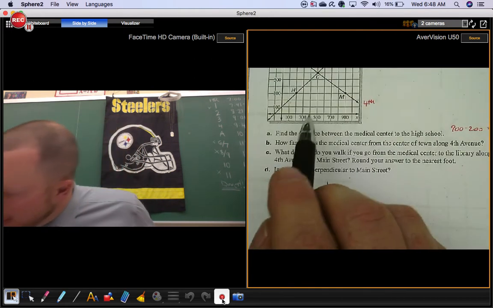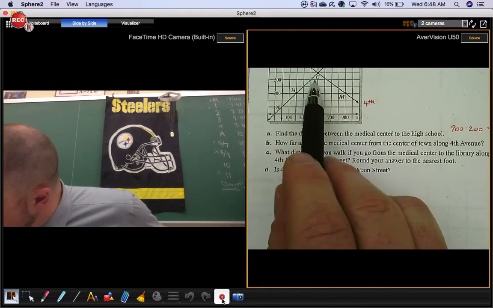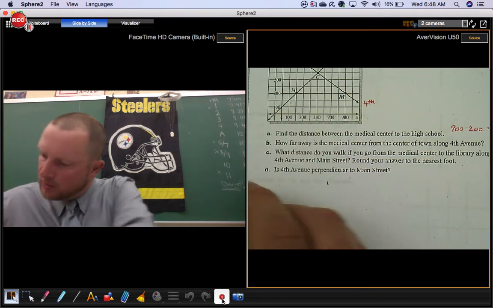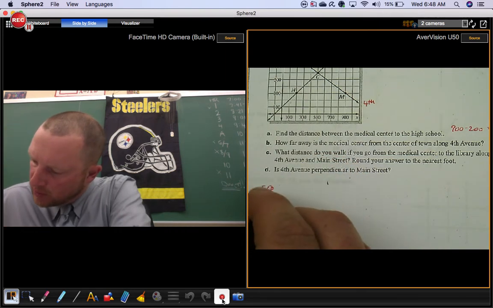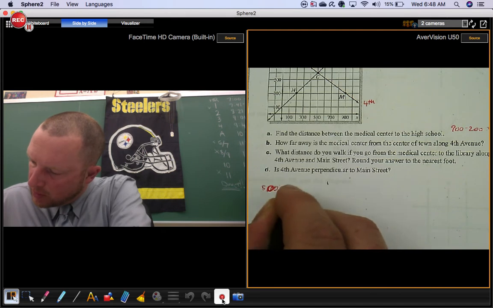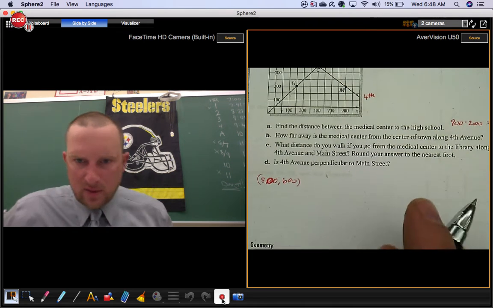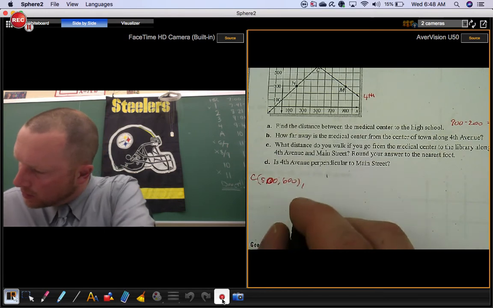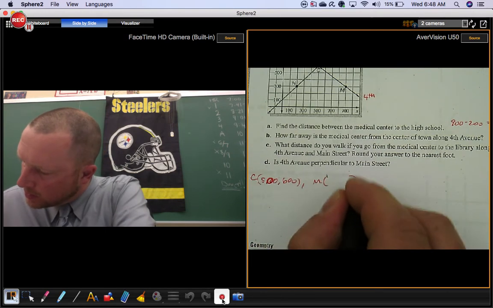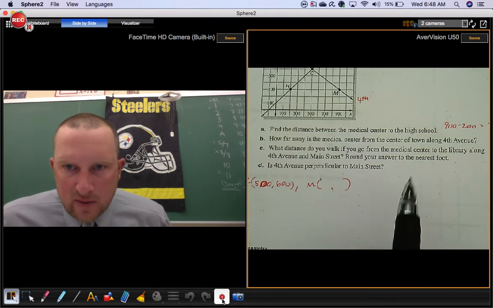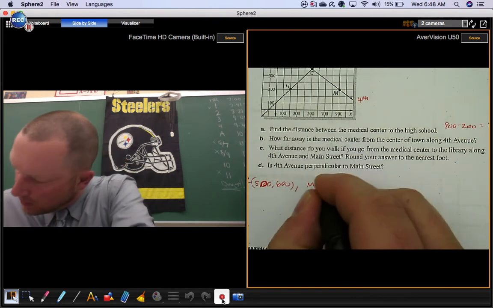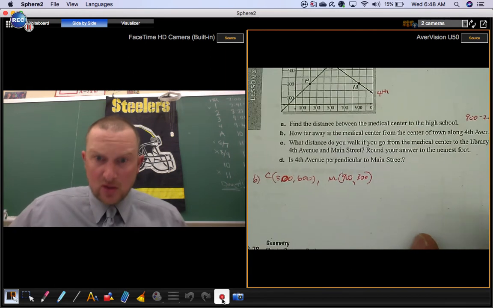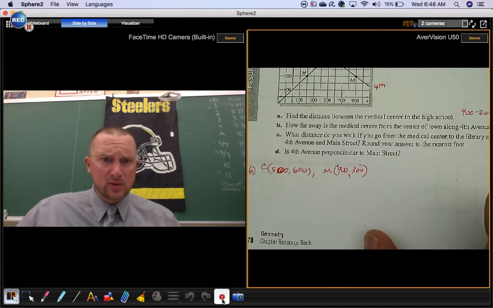The center of town lives at 500, 600. That's the center of town. And what else do we want? Medical center. The medical center lives at 900, 300, it looks like. So you need to find the distance between those.